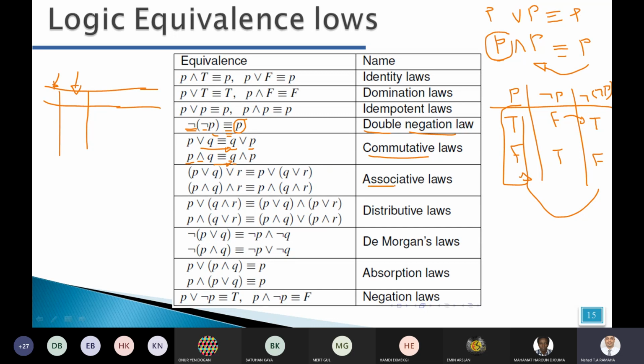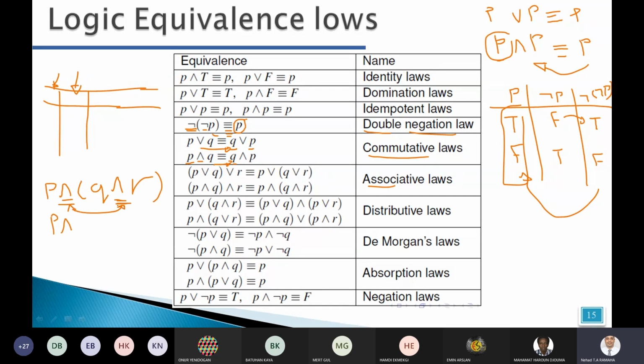Okay, associative rule, we already mentioned it before, two slides ago. When one student asked me about this thing, he said, if I have P and Q and R, you can associate any two of these with each other, because you have the same operator here.